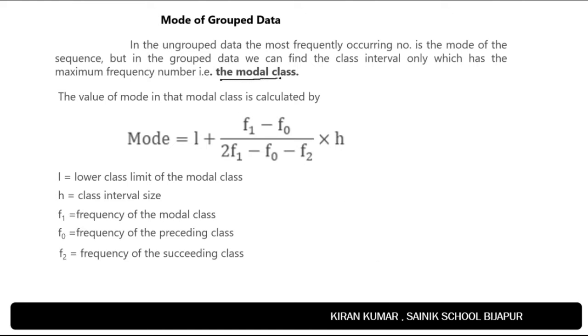We need to identify the class interval which has the maximum frequency. From there, we will get L and also the frequency of the modal class. The class preceding the modal class gives F0, and the succeeding class gives F2. We shall solve a question to understand this concept clearly.